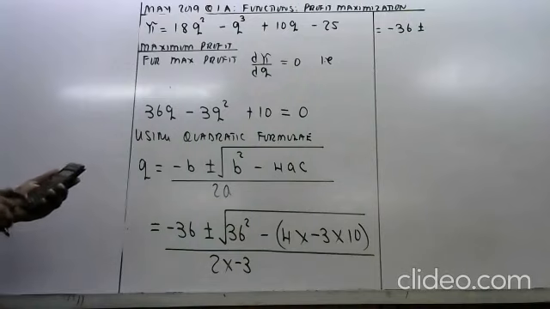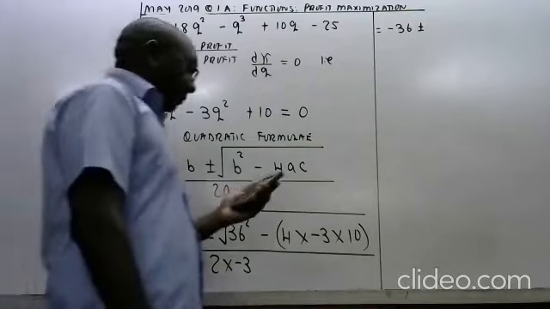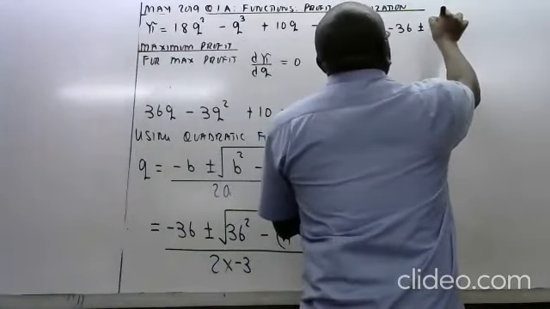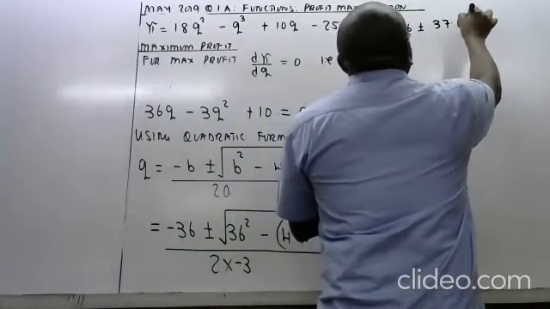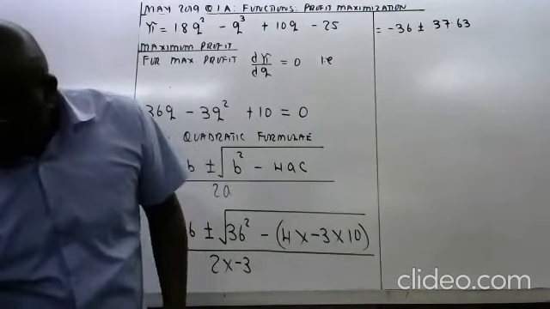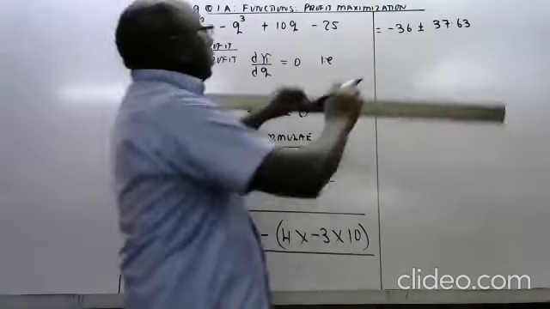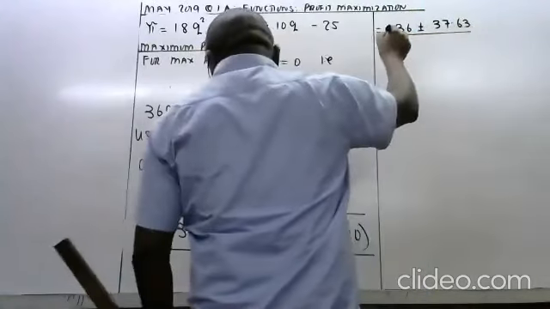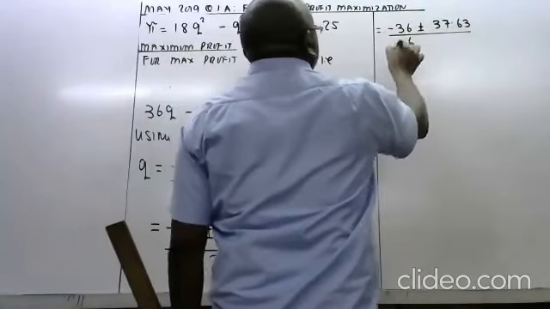The square root of the answer is 37.63. Now this one to be divided by minus 6.